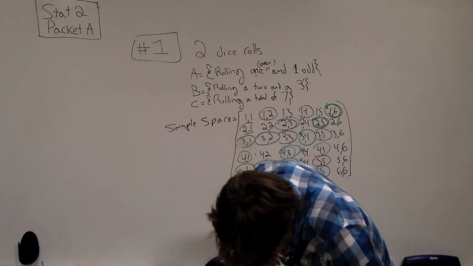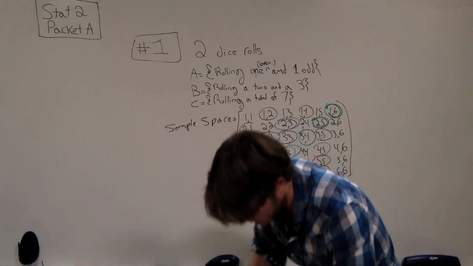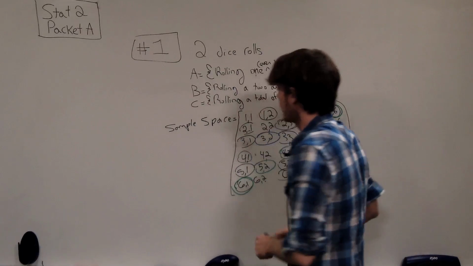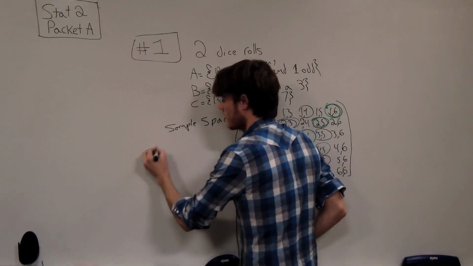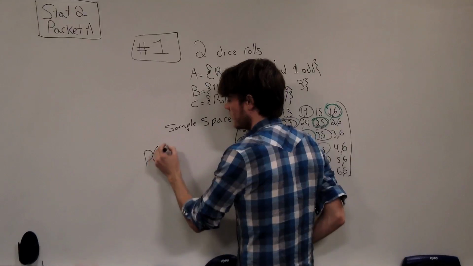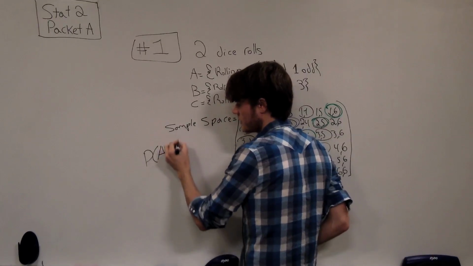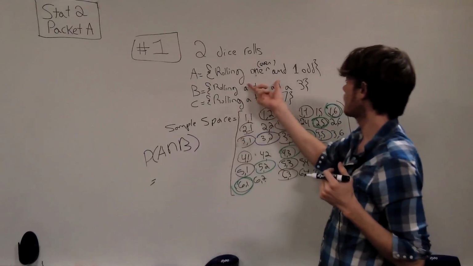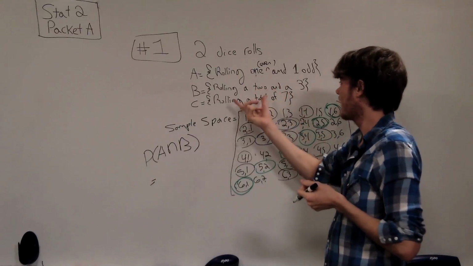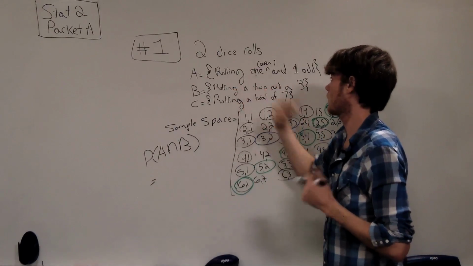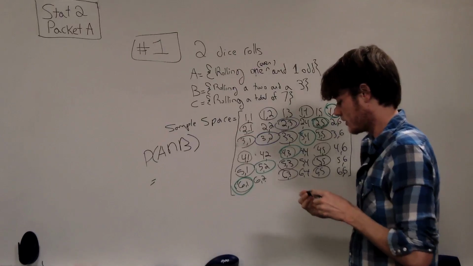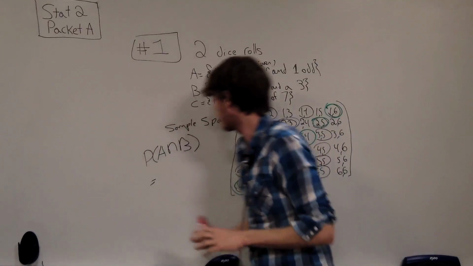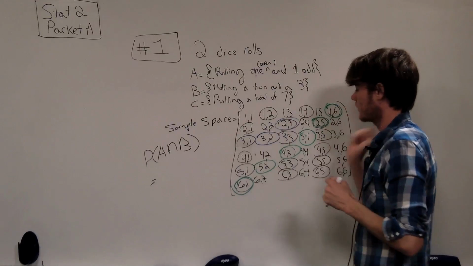Probability A and B. Okay, so we want the probability of A and B, which is A intersect B. So we want the probability of rolling one even and one odd, and the probability of rolling a 2 and a 3. So let's look at all evens and all odds. It's the black circles again.